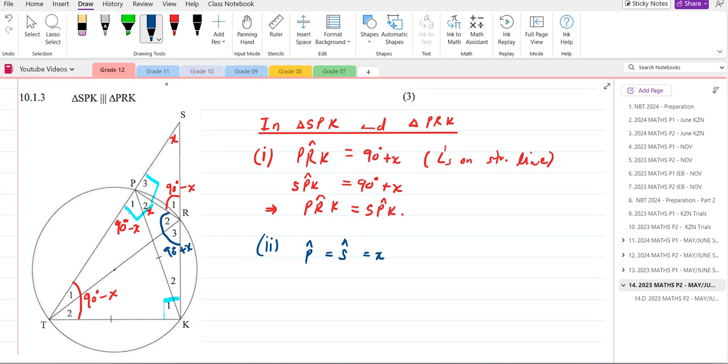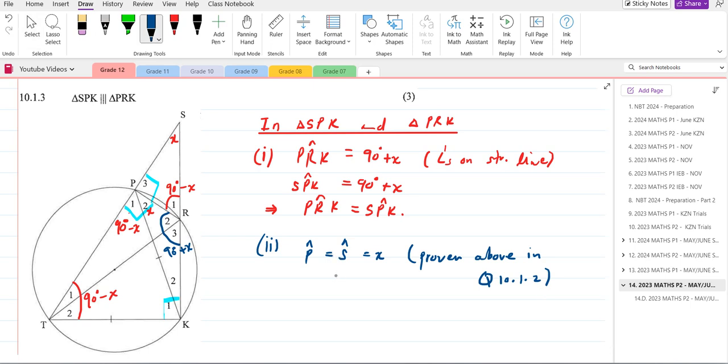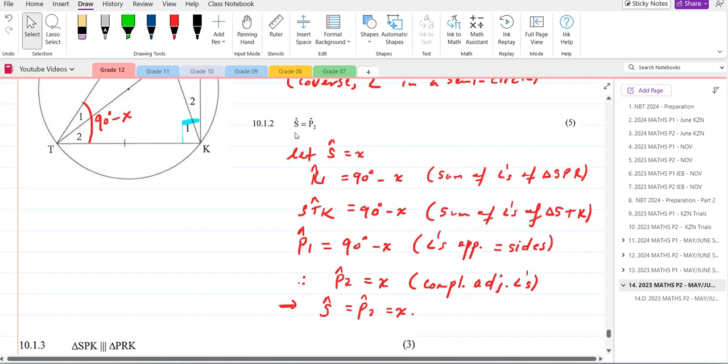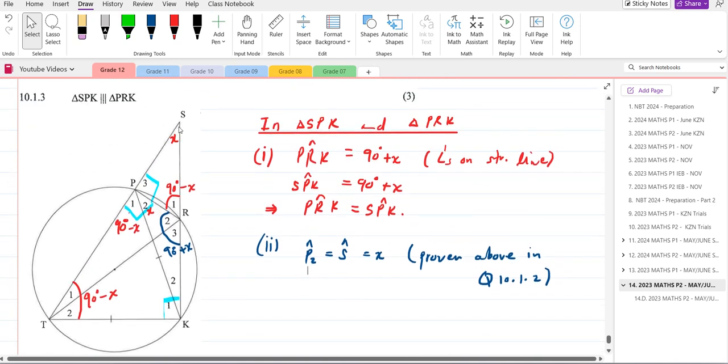That's proven above in question 10.1.2. Did we prove that angle P2 is equal to angle S? Yes, we did. So we're using that information, X and X.